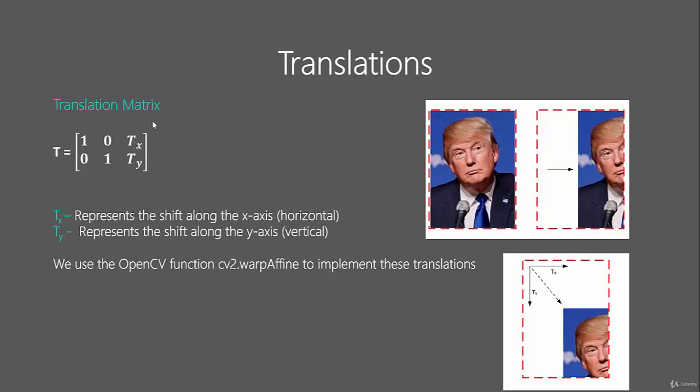Without getting into too much high school geometry, a translation matrix is in this form and takes an X and Y value as these elements here. X represents a shift along the X-axis horizontally, and Y is a shift along the Y-axis vertically, and these are the directions each shift takes place. Images always start off at the top left corner, and we translate them in any direction using the translation matrix here.